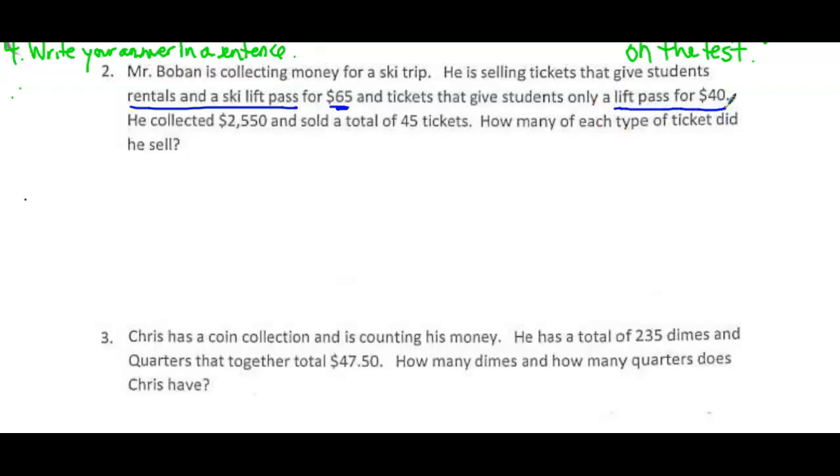So I have 2 different things there. He collected $2,550. Well, if he collected that, that must be a total. And then it says he sold a total of 45 tickets. There's my other total. The question says, how many of each type of ticket did he sell?